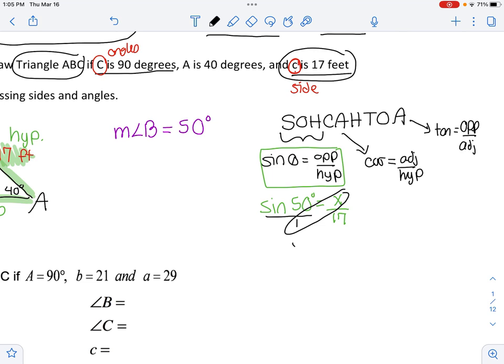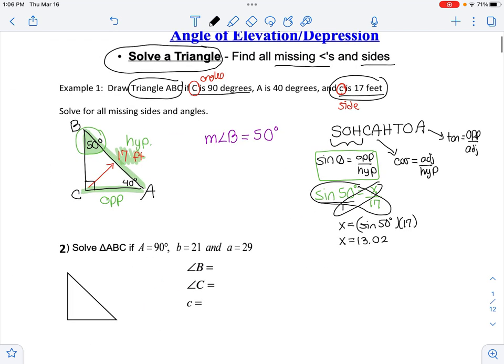So to solve for x, I'm just going to multiply the sine of 50 degrees times 17. In your calculator, double check that it's in degree mode, and then you can enter that in. Sine of 50 times 17 gives me a side of about 13.02. So the one side is about 13.02.